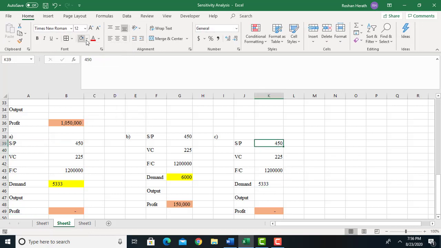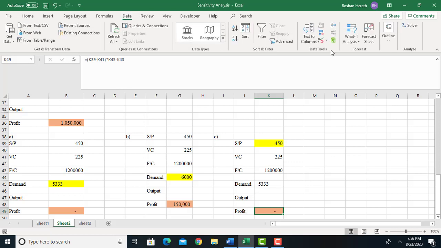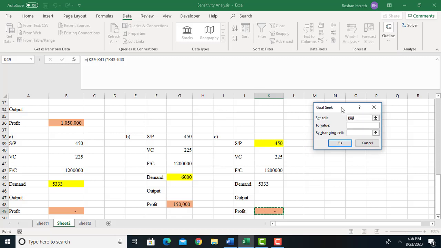It's about the selling price this time, right? You want to keep the demand for the units as in the first case, so therefore I have taken that. Variable cost, fixed cost is the same. The profit needs to be 150,000. Profit must be 150,000 by changing selling price.